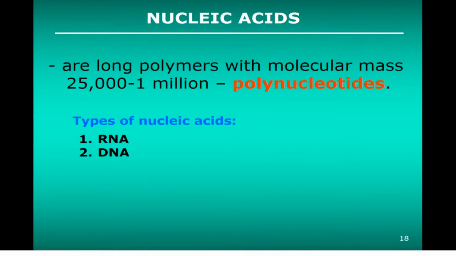There are 2 types of nucleic acids, RNA and DNA, ribonucleic acid and deoxyribonucleic acid, and they have different biochemical importance, as I hope you know that DNA is a source of genetic information, and RNA participates in protein synthesis.